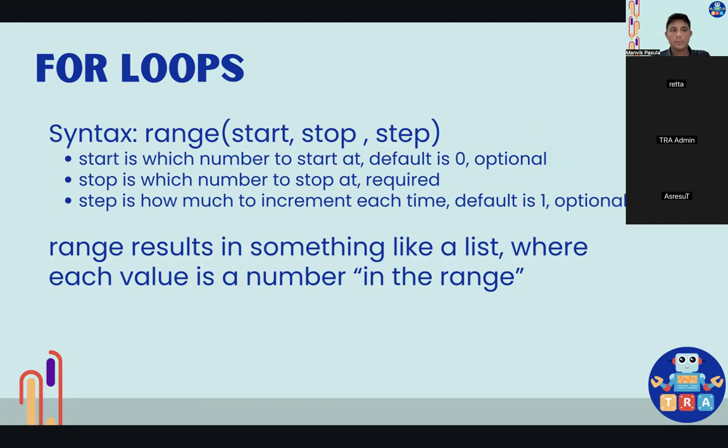For range, you have range and then parentheses, kind of like the print statement. Then there are 3 values you can put, but 2 of them are optional. Start is the number to start at, and by default it's 0. You don't have to put this in. Stop is the number to stop at, which is required.